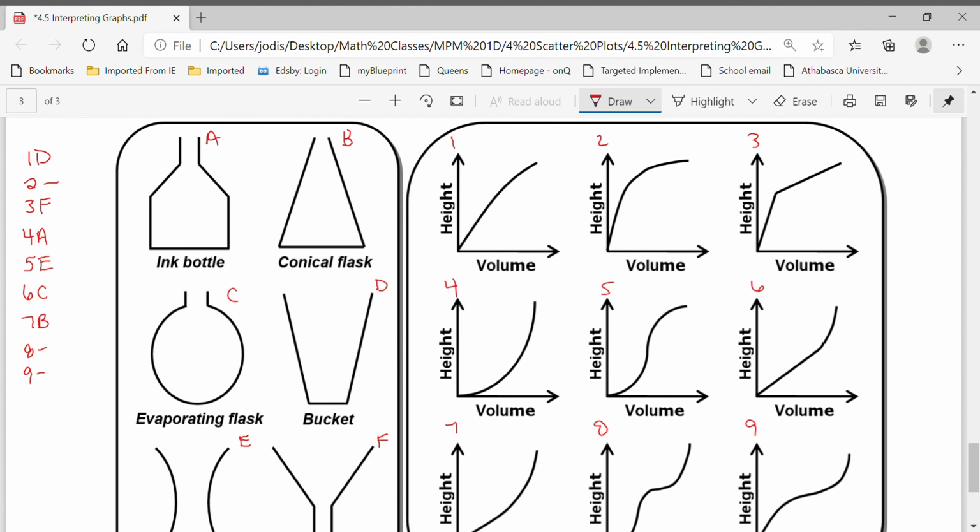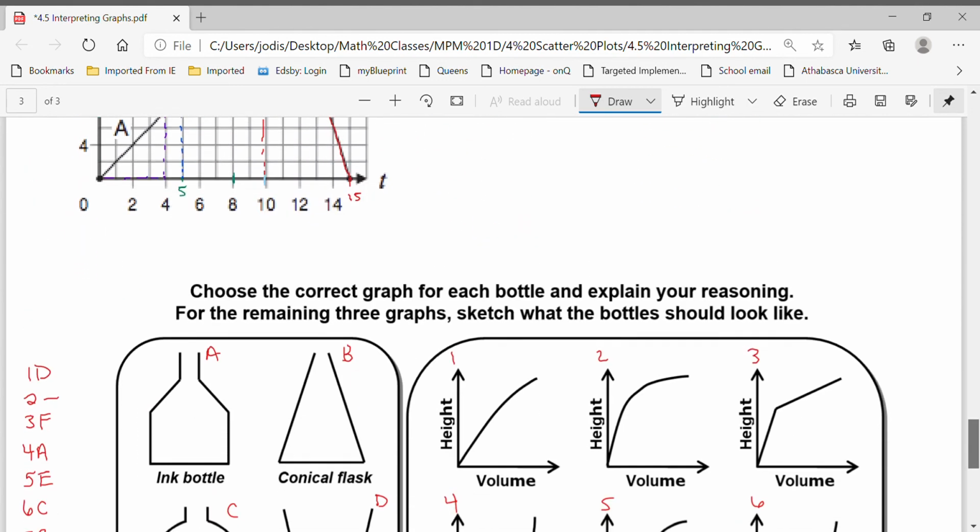So if I had to draw a container for graph number 2, I'm not a good artist, so I would probably draw something. So 2, it starts out fast and then it slows down. And this is pouring into.